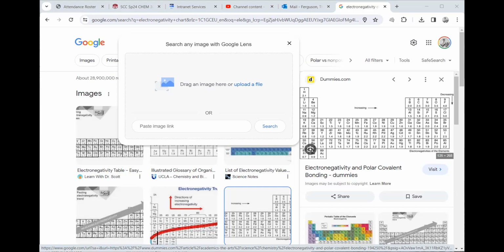If we look at just a plain old oxygen, say oxygen to carbon, oxygen is 3.5. Carbon is 2.5. So any oxygen atom contributes a lot of polarity.